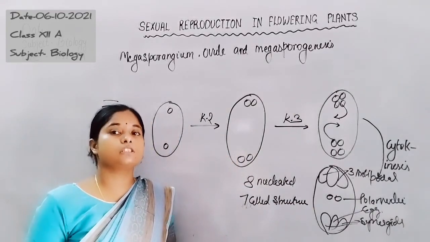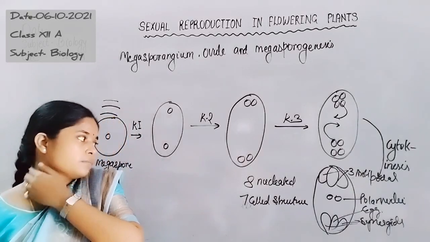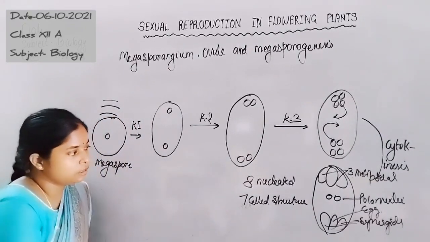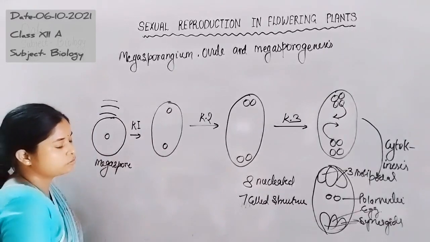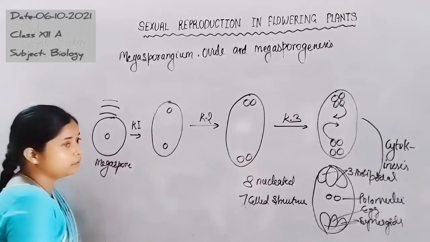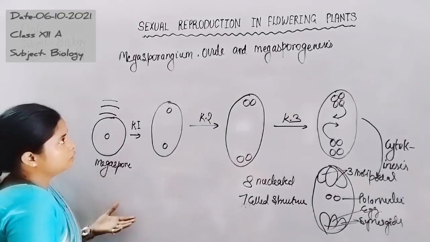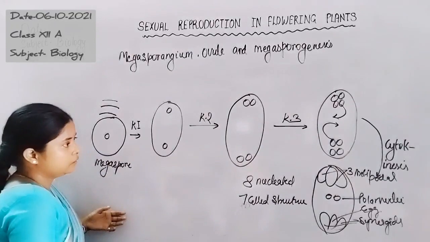So overall the structure of the embryo sac is an 8-nucleated 7-celled structure in most plants, but different types of embryo sac are also present in different plants. So how does megasporogenesis take place in the plant?